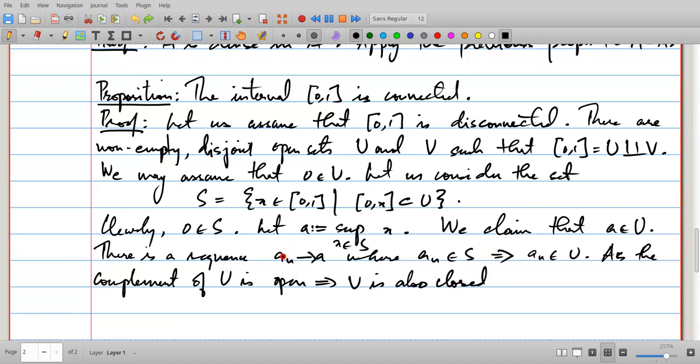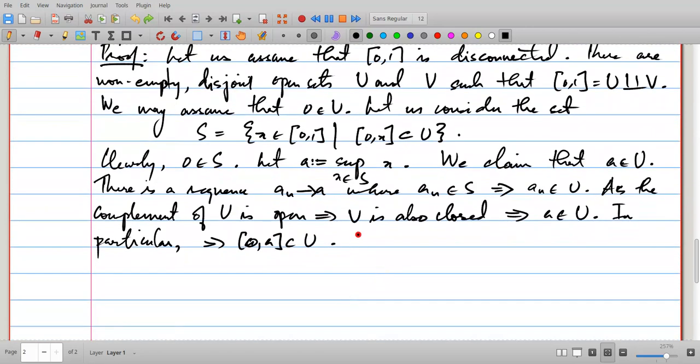So we have a sequence a_n in U converging to A, and since U is closed, A belongs to U. So this proves our claim. In particular, the interval [0,A] is contained in U.